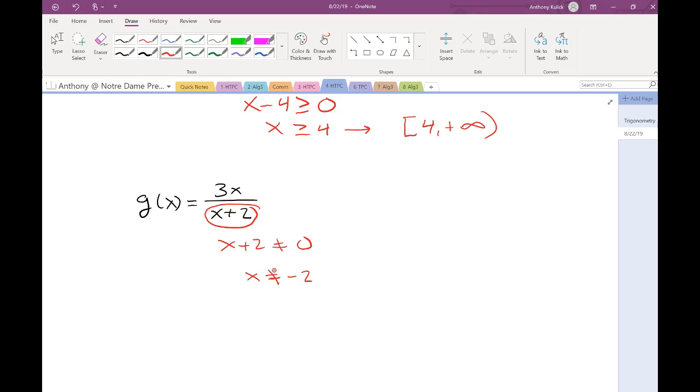Okay. How would I write x is not equal to negative 2 as an inequality? Because eventually we want to end this with an interval notation. How can I write x is not equal to negative 2 as an inequality? Well, hold on, what was that? Okay, but you mean negative 2, right? So we'll say x is less than negative 2, or x is greater than negative 2.